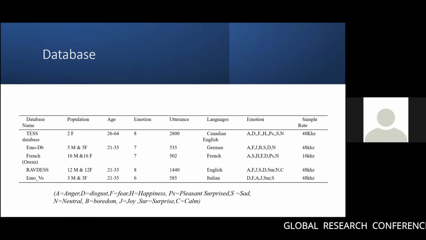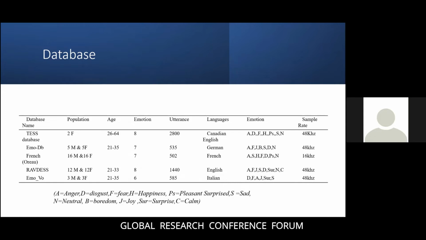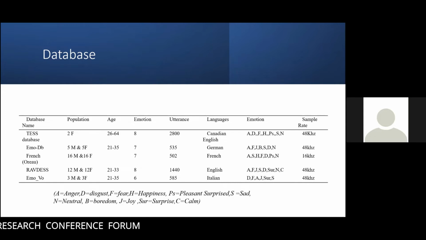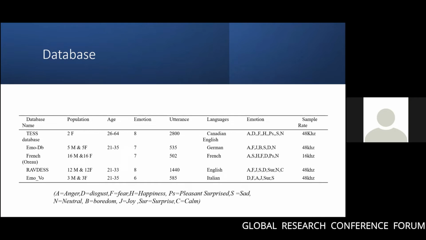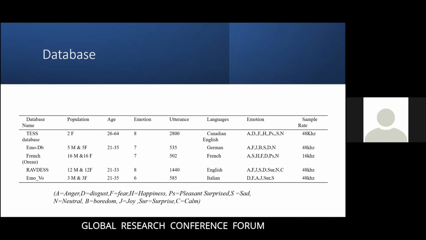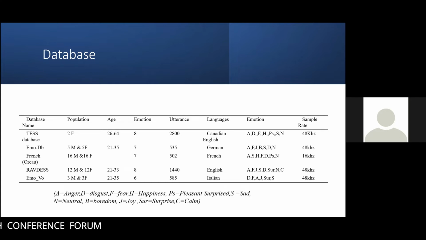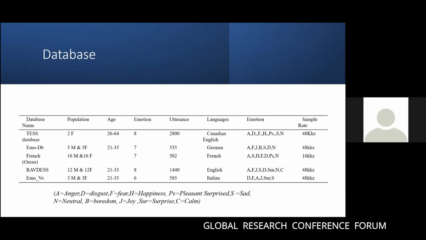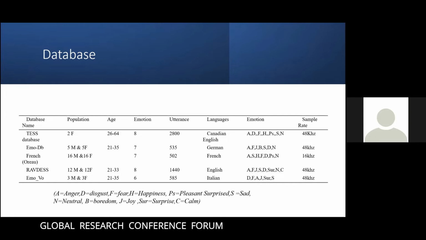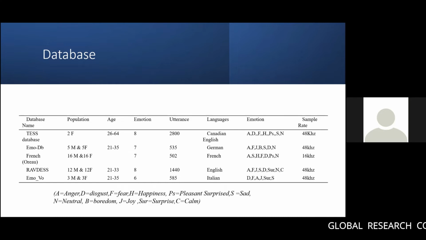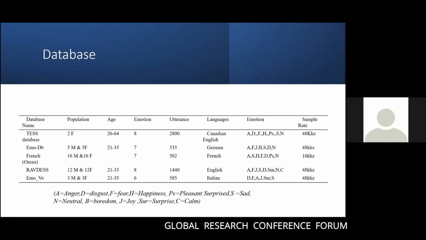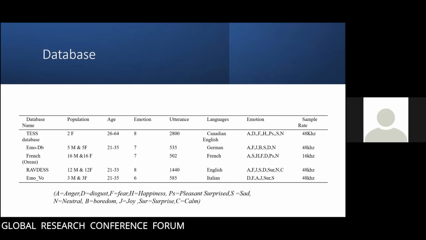The French database has 16 male and 16 female speakers, 7 emotions and 502 utterances. The RAVDESS database is also an English language database, with 12 male and 12 female speakers aged 21 to 33, 8 types of emotion and 1440 utterances. And EMOVO, the Italian emotional database, has 3 male and 3 female speakers aged 21 to 35, and 6 emotions.